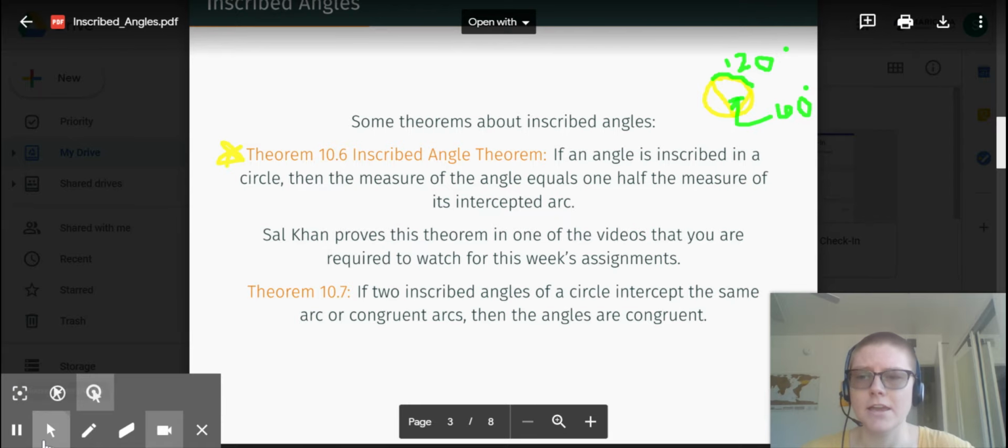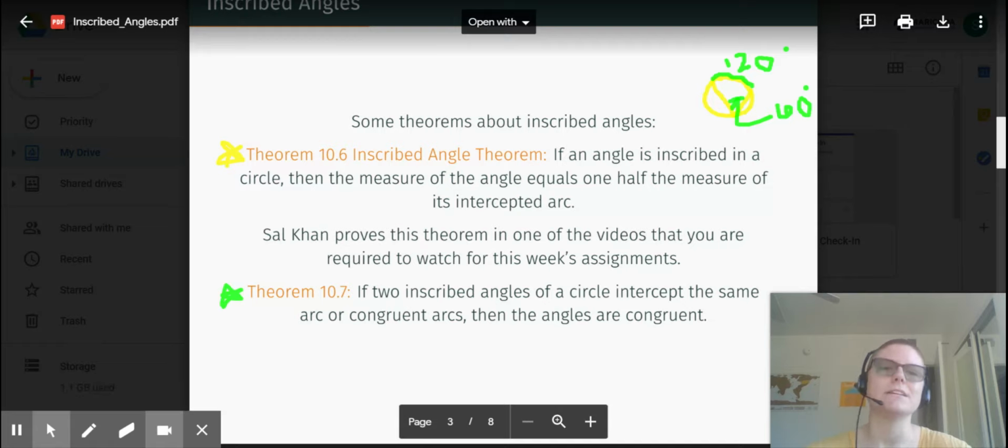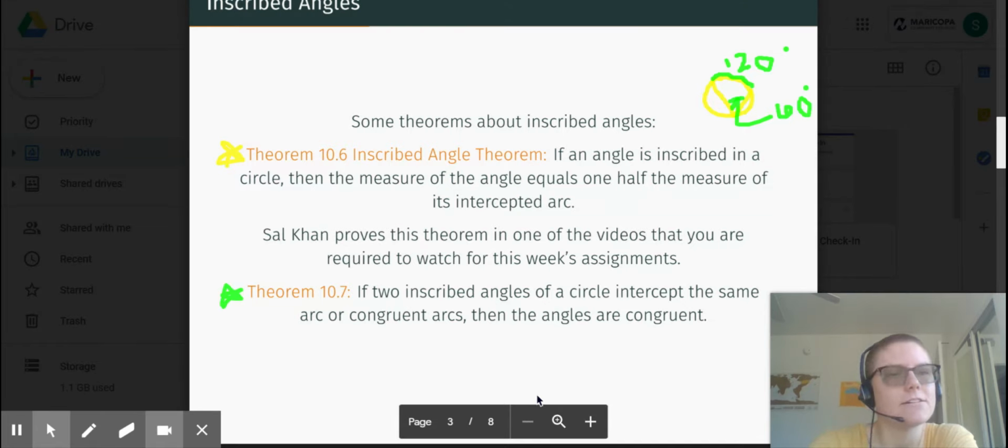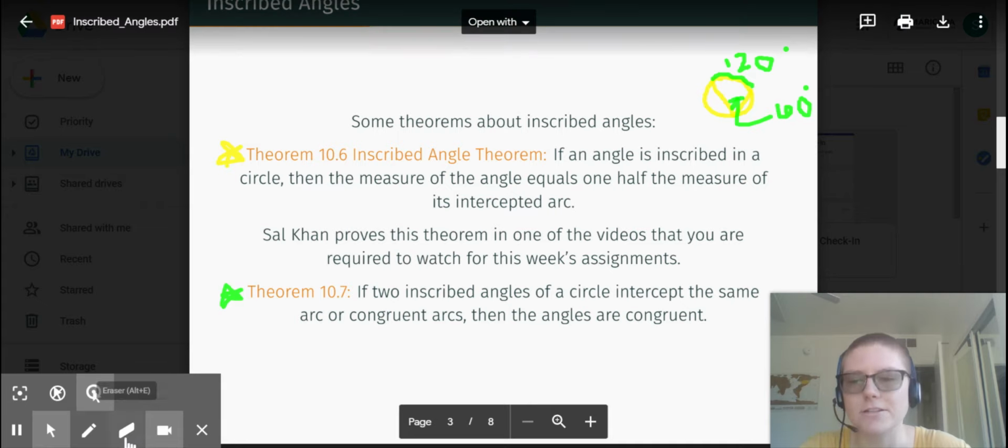The second theorem, theorem 10.7, you also want to write down. I know it's a lot of writing on this slide, but the next two slides are sample problems. If two inscribed angles of a circle intercept the same arc or congruent arcs, then the angles are congruent.